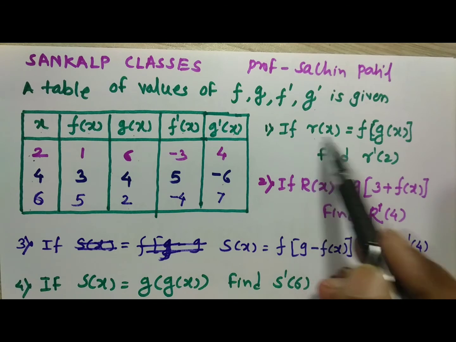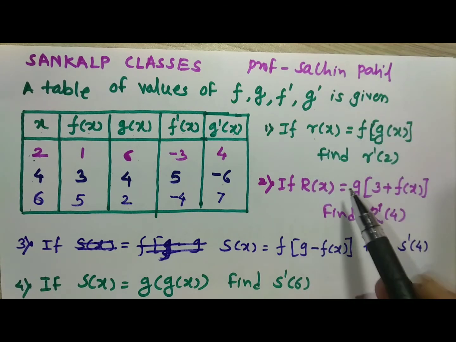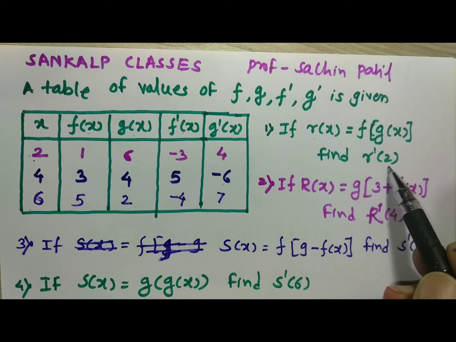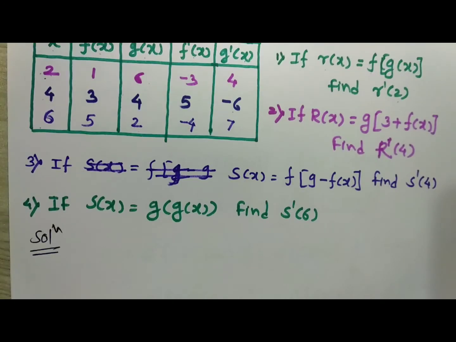If r of x is equal to f of g of x, that means it is a composite function, and you want to find r dash 2. First of all, we have to consider the solution related to that equation, related to the derivatives. We take r of x is equal to f of g of x.